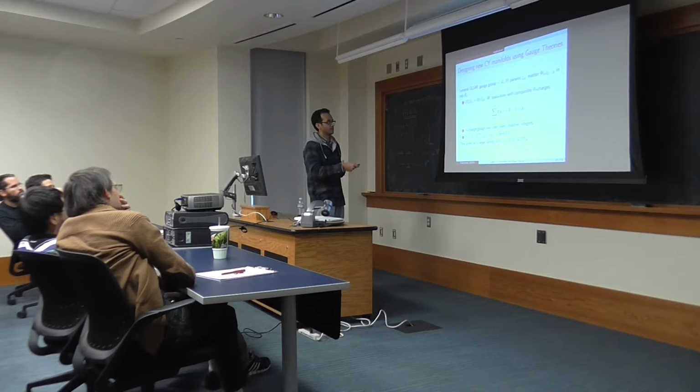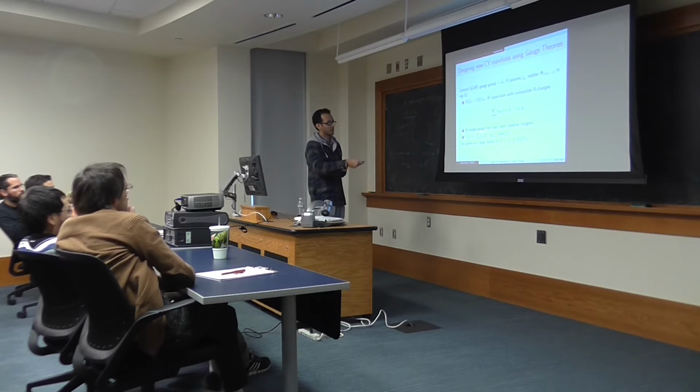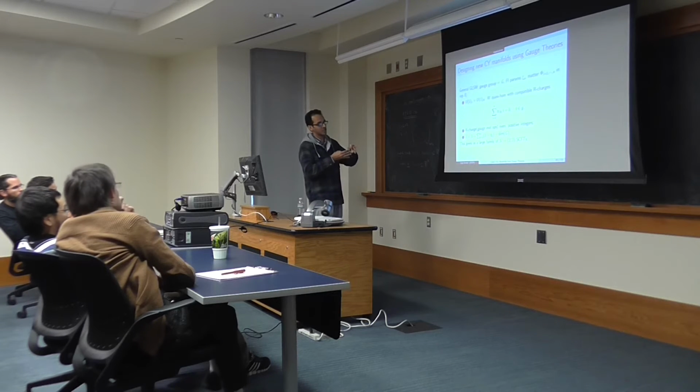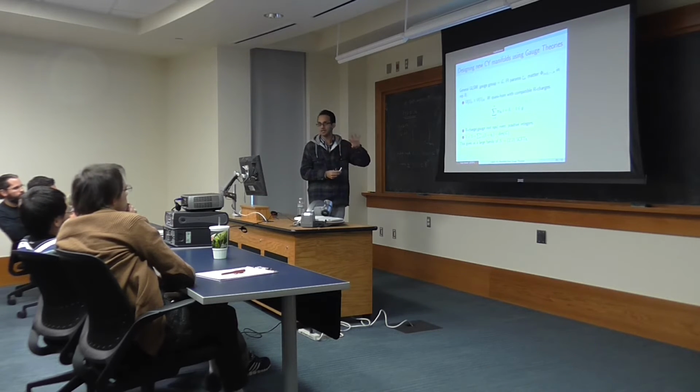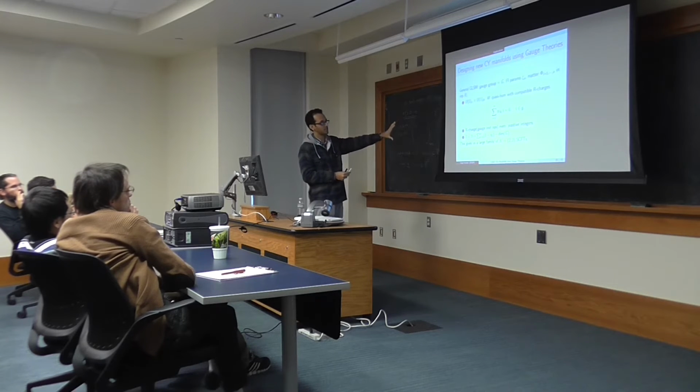And then you demand that the R charge of all gauge invariant operators be even positive integers. So what we're trying to do is to make the GLSM as close to an NLSM as we can. We're taking all the NLSM properties that are easy to enforce and enforcing them on the GLSM.